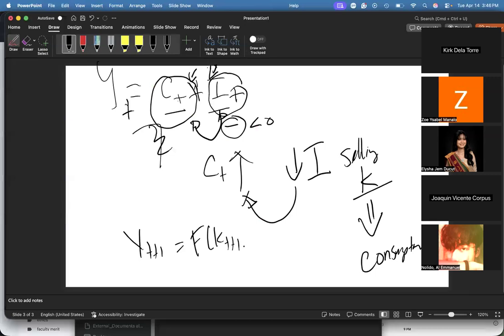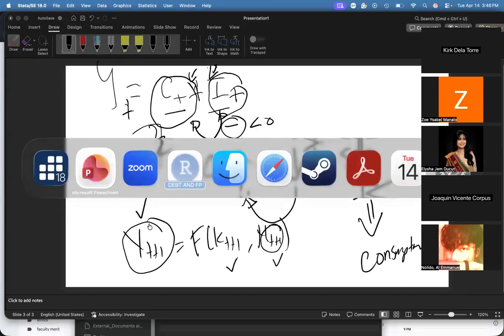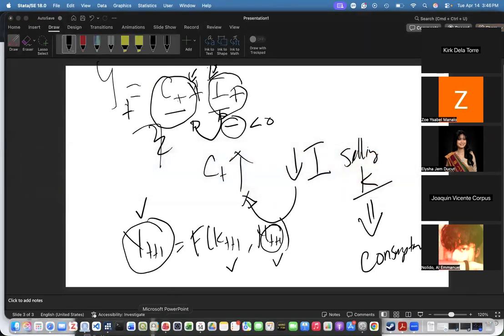K T+1 and then NT+1, right? So you are going to use the capital that you've got here, and then you're gonna use your labor. Okay, then you're gonna use it to produce YT+1, right? So that's what this is about.